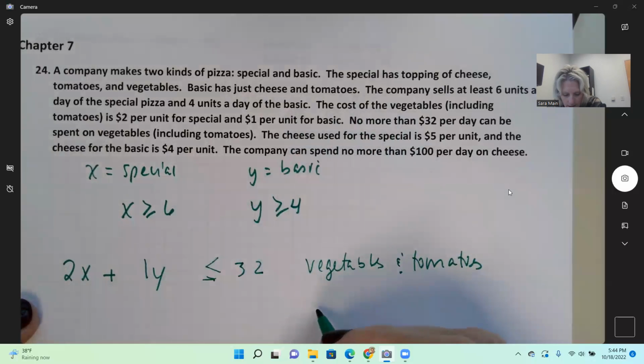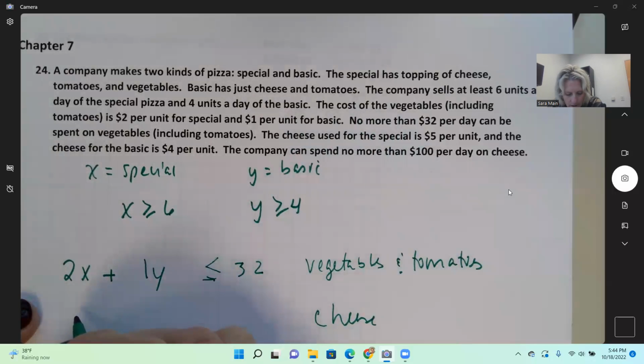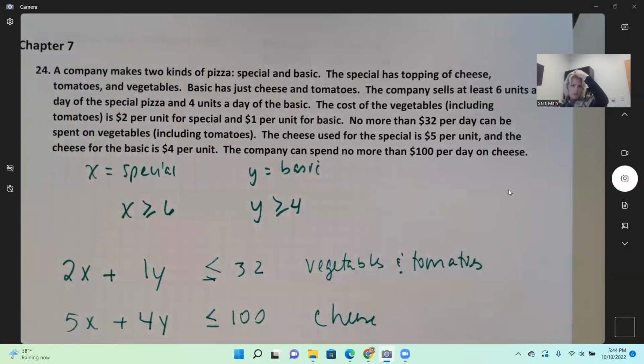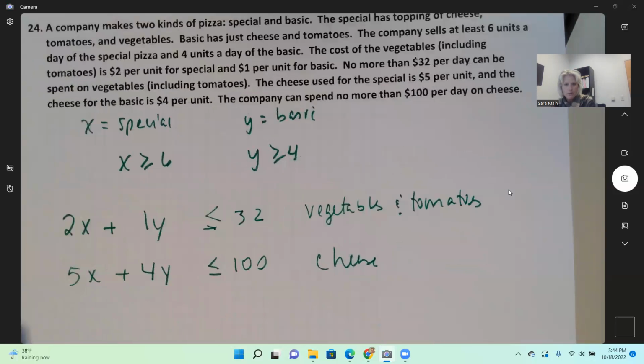And then the cheese is limited to $5 for the cheese for the special, and then 4 for the basic, and they don't want to spend more than $100. So it looks like these are our 4 limitations.